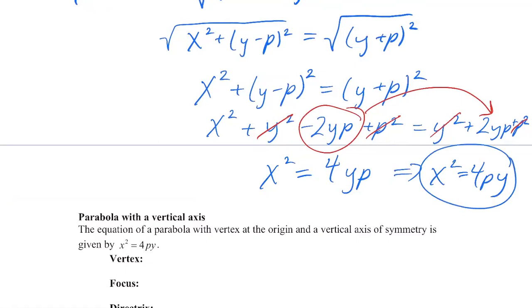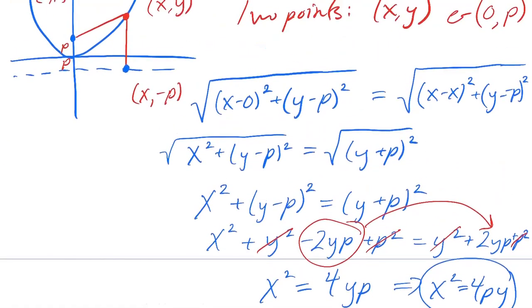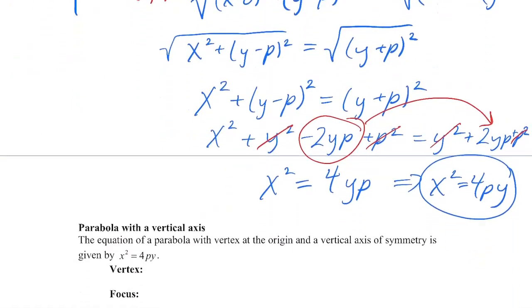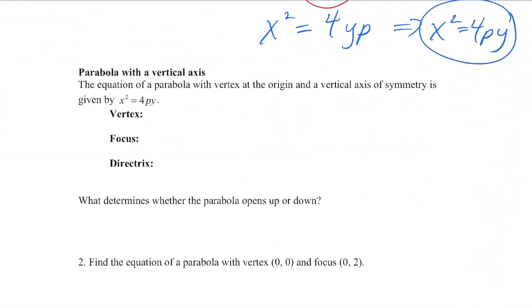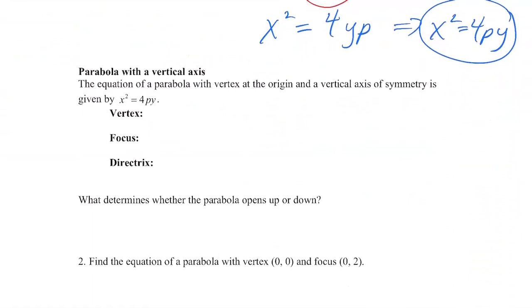Remember, p is my distance from the vertex to the directrix, which is the same as from the vertex to the focus. So here we have the parabola with vertical axis. The equation of a parabola with the vertex at the origin and a vertical axis of symmetry is given by x squared equals 4py. For such a parabola, the vertex is at the point 0, 0, so vertex at the origin.